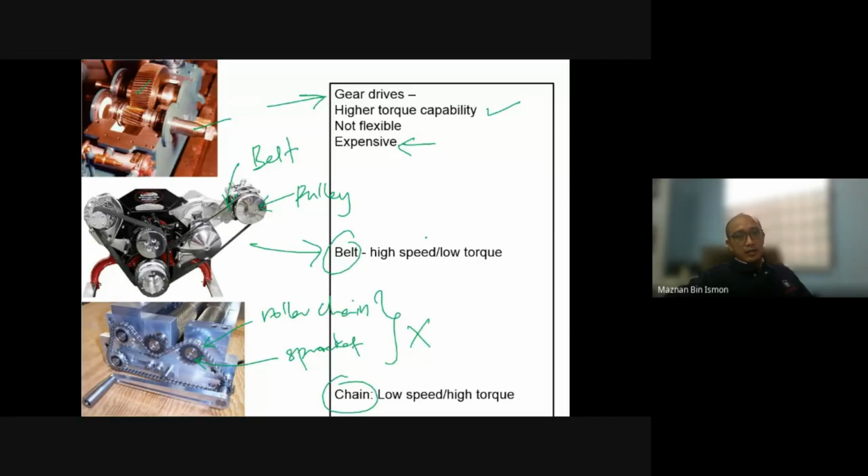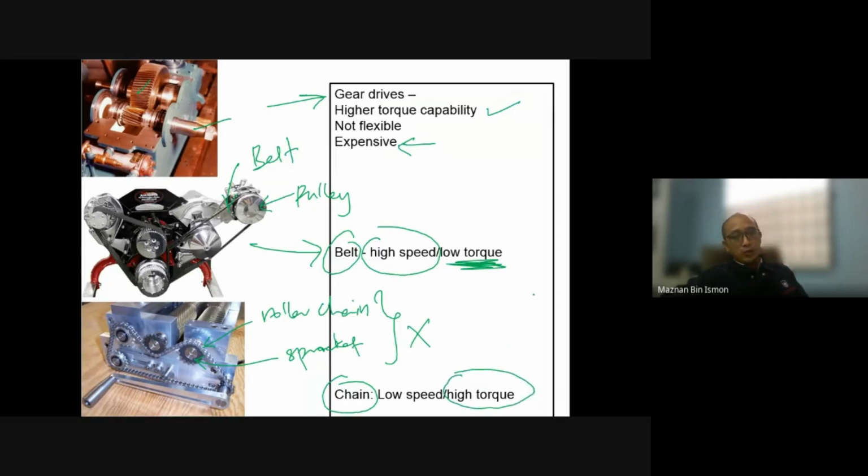And if you refer to belting, it is more flexible, and it can go at high speed, but with lower torque compared to the roller chain and sprocket, which has lower speed but a high torque.